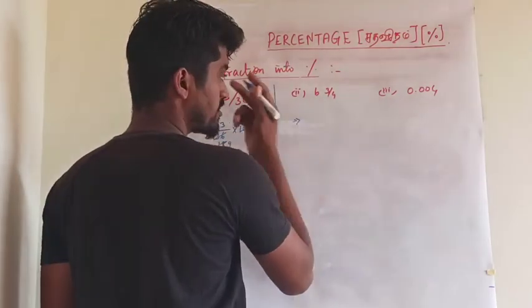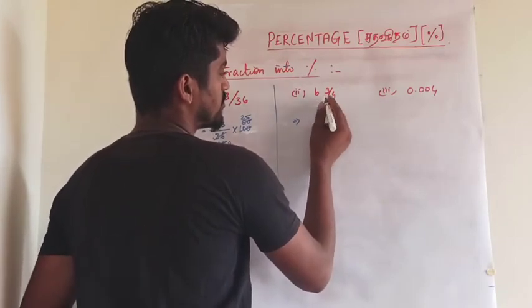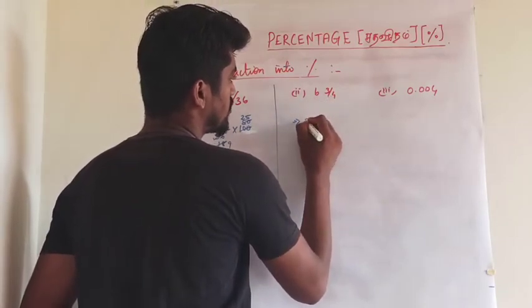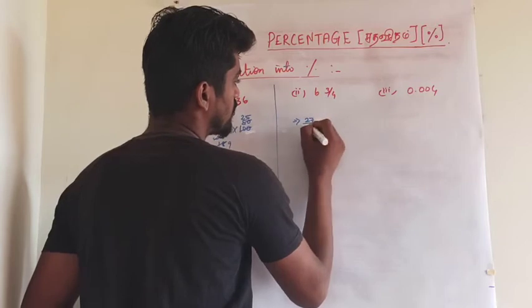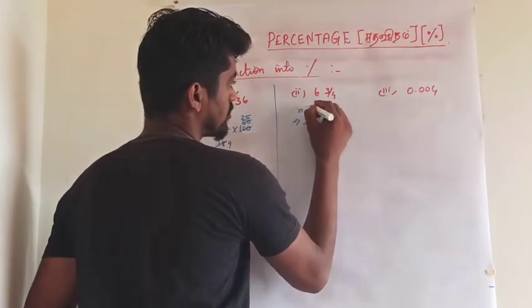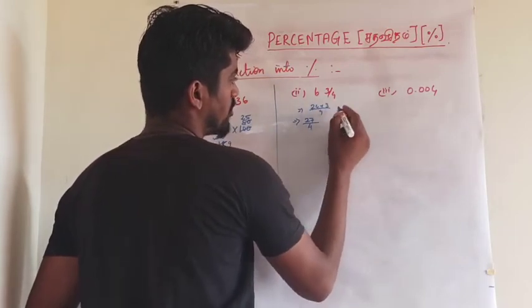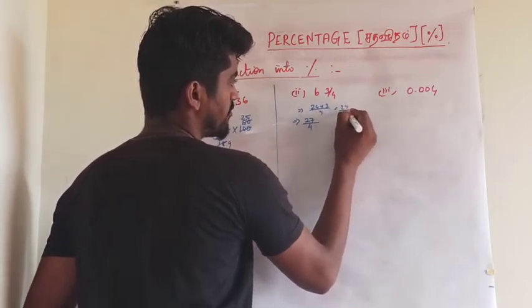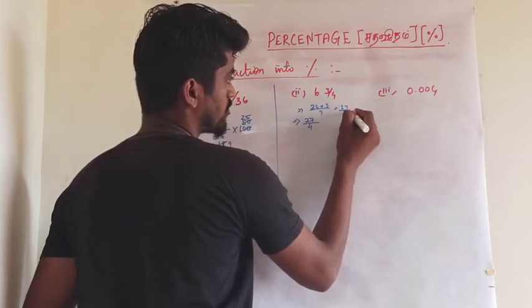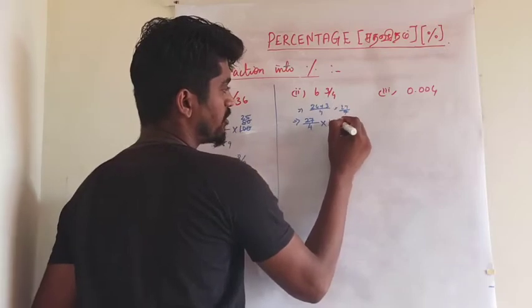The second one, we have to convert into an improper fraction. Six fours are 24 plus 3, whole divided by 4. We write 27 by 4. From this we have to convert into percentage.